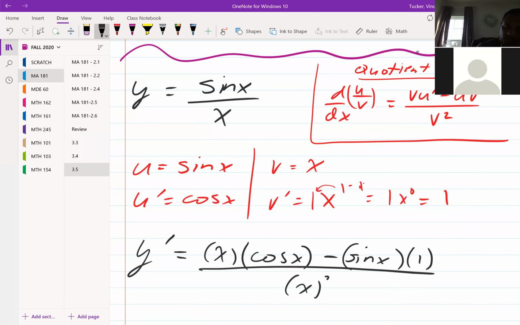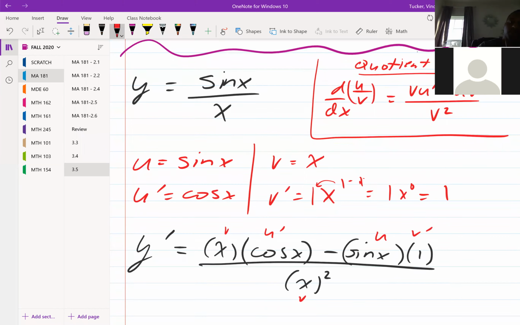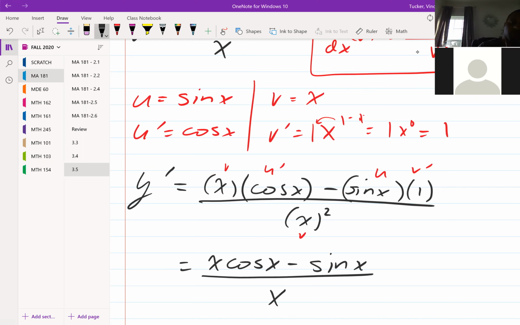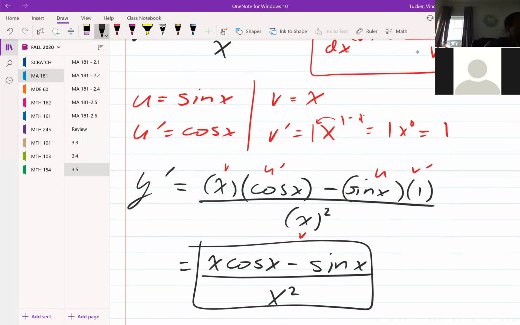So that's x squared. All right, that's the derivative.